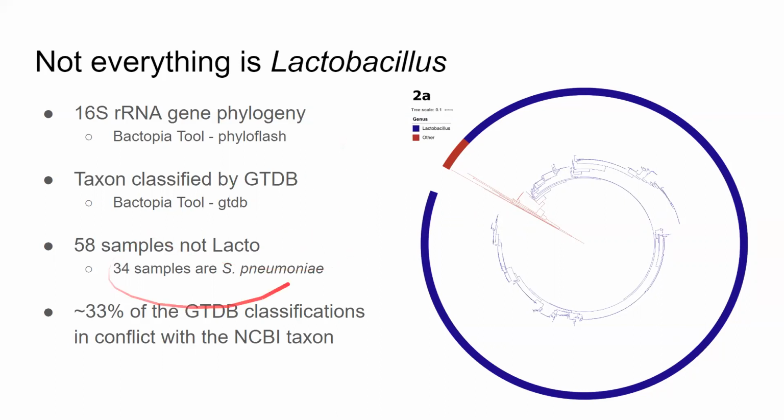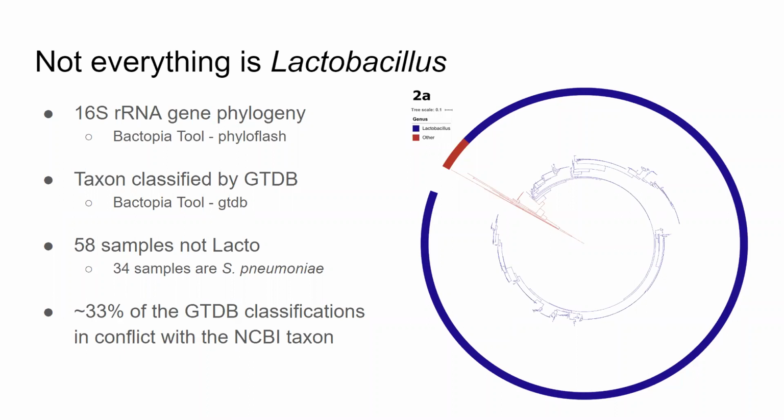But that doesn't quite work when you've got 34 samples that are Strep pneumoniae. So there's issues with data submission that you just have to be aware of. We also found that 33% of the GTDB classifications are in conflict with the NCBI taxon classification. Some of those make sense, again, because of a recent change.